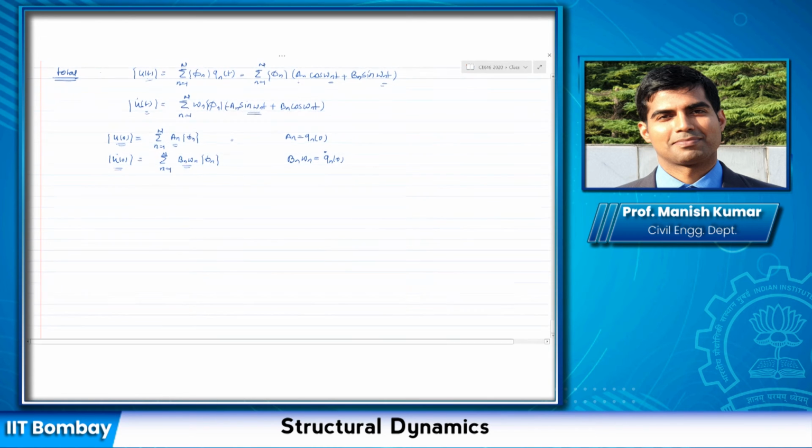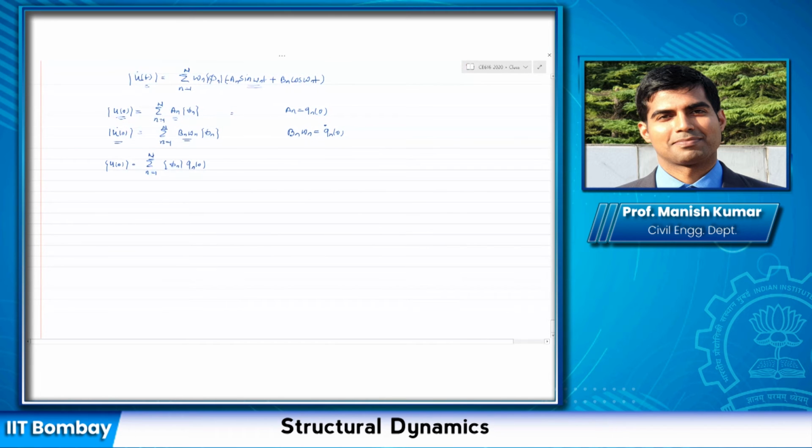So that's why my u of 0 becomes the summation n equal to 1 of, now this would look more familiar to you, phi n times q_n of 0. And u dot of 0 is equal to the summation n equal to 1 of phi n times q_n dot of 0. If you compare this expression, these factors I have already determined, right?